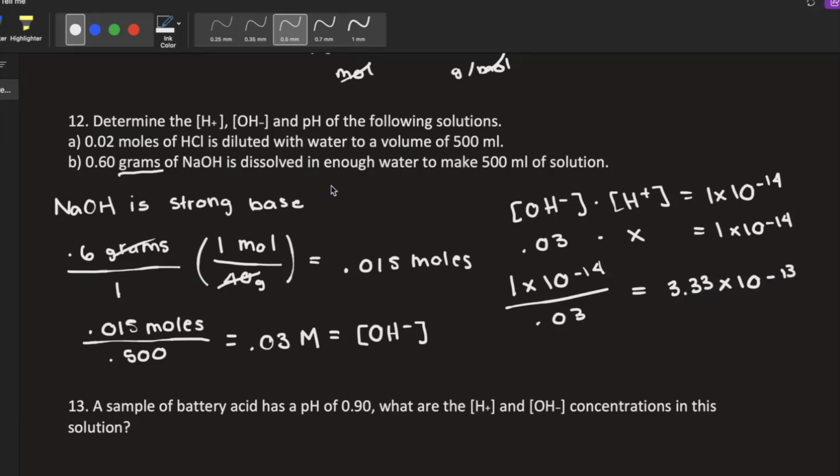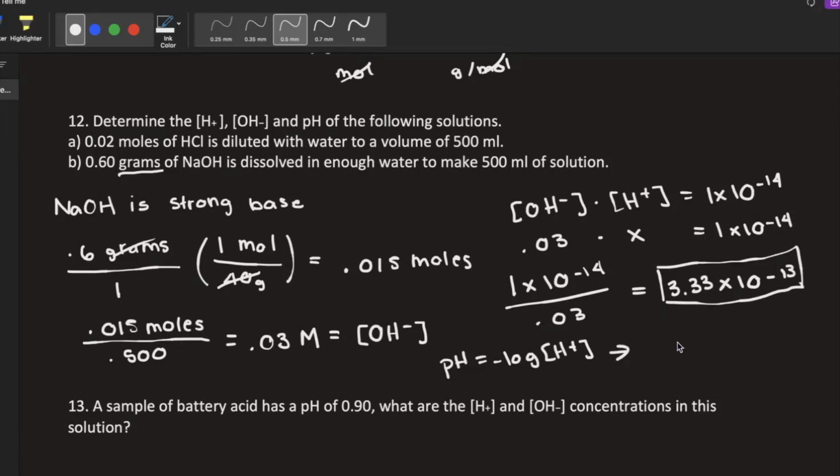Now, it also asks to find the pH. pH, like previously stated, is the negative log of the hydrogen ion concentration. Do we know the hydrogen ion concentration? Yes, we just found it. Technically, it's our x.